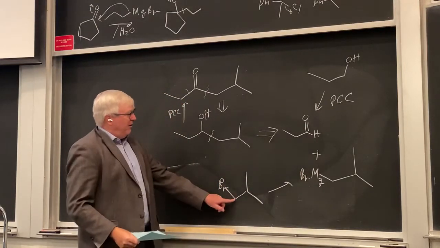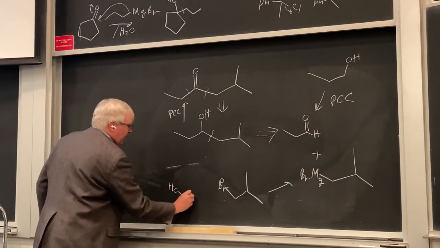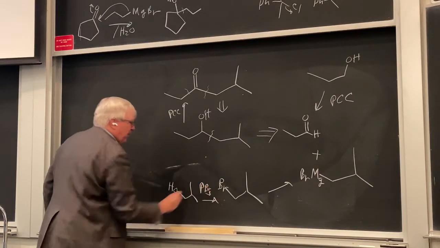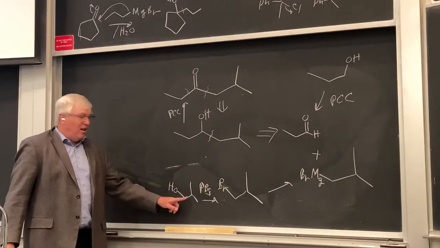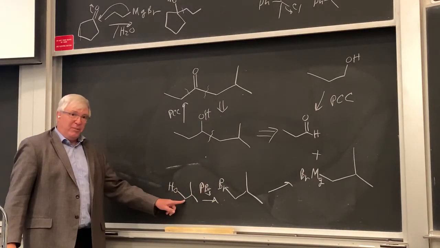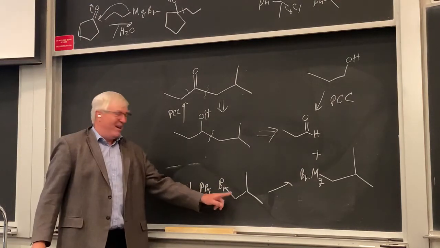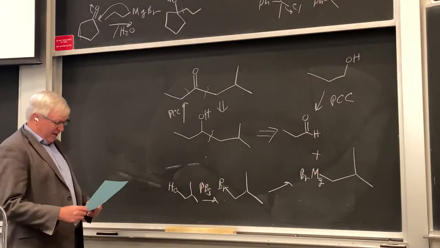And notice, we've got branching here, so you definitely want to use phosphorus tribromide. That would definitely be the way to go there. If you use HBr on this alcohol, it'd do the shift here, and you get the tertiary bromide, not the one you want in the primary. So phosphorus tribromide is really a good way to go there.